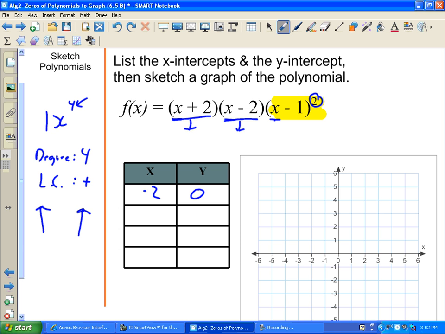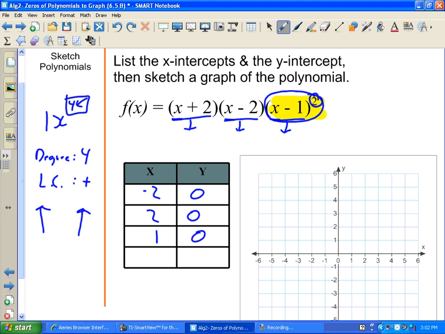Positive 2, 0, opposite x there. Roots here, that should be positive 1, 0. You said it was a degree of 4, but I only have 3 roots. Well, that's because I have a double root here. It's the exact same root twice, and I'll show you what happens in just a sec.